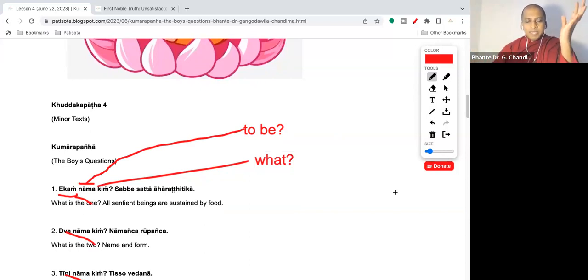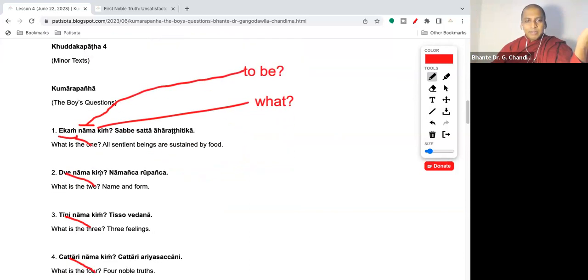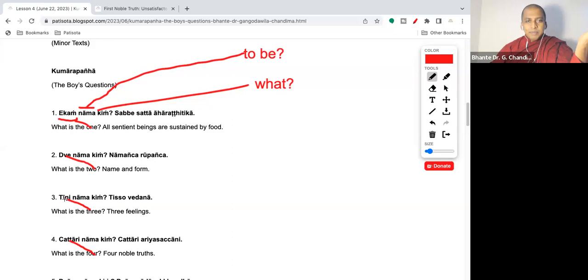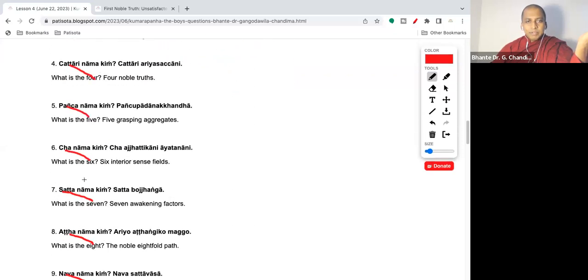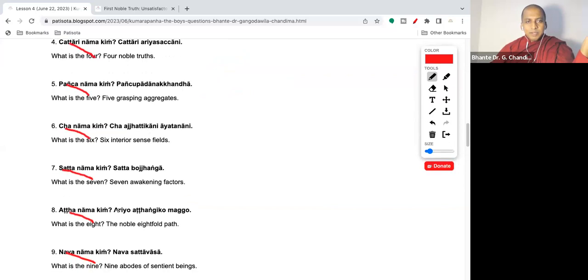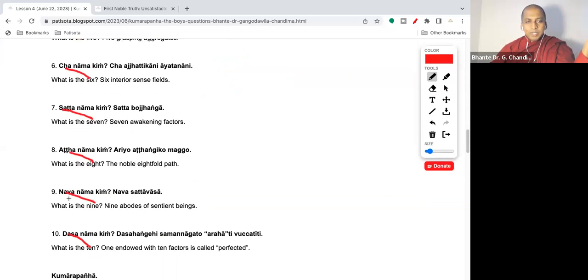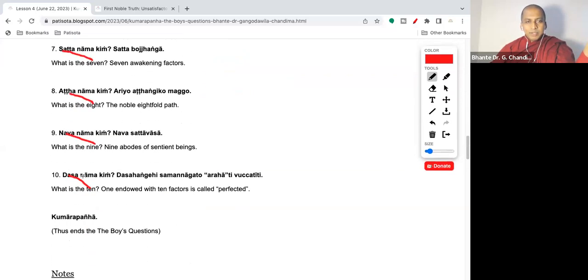What means Kim? Is means nama. Ekam means number 1. Then what is number 2? Then what is number 3? Tin. What is number 4? What is number 5? What is Kim nama 6? Kim nama 7. What is number 7? What is number 8? What is number 9? What is number 10?